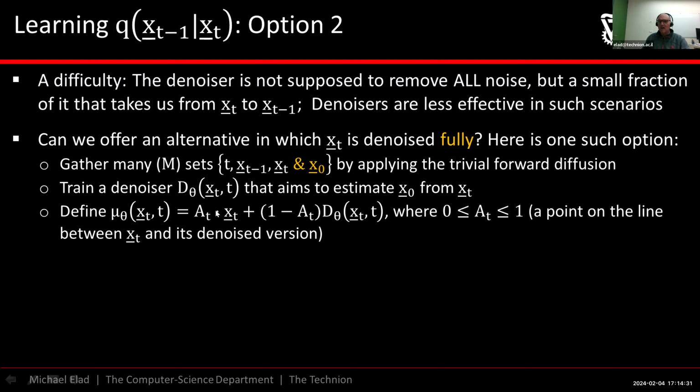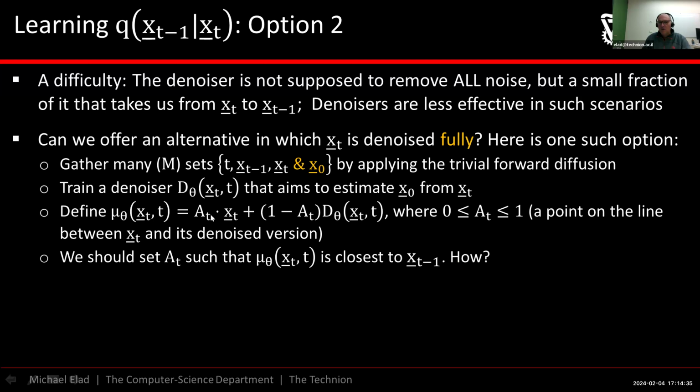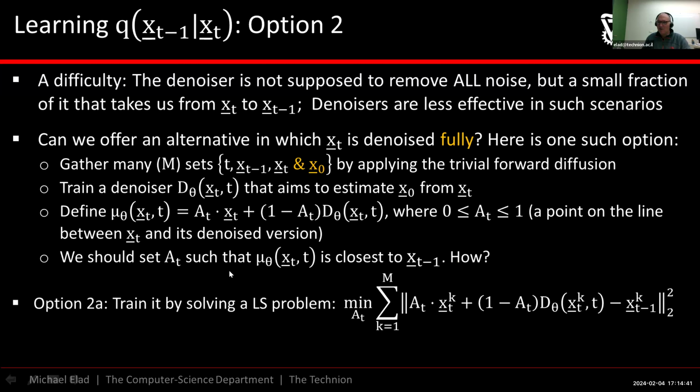And now I need to design this A. How would I do this? I have 2 options. Let's start with the simpler option. The simpler option says, you know what? Take this expression as is and plug it into a least squares. This is the mu minus the image it tries to get to. So this is the mu trying to get as close as possible to xt minus 1.